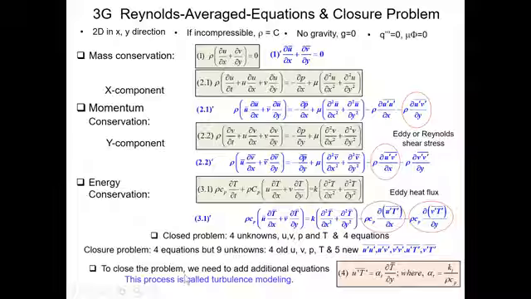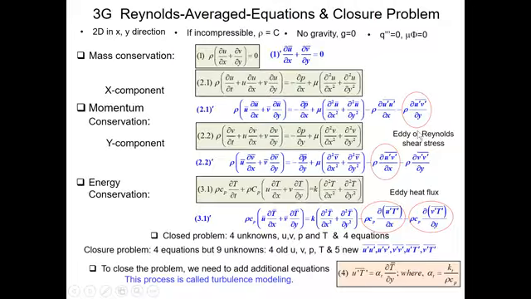Therefore, in order to close the problem, to get a solution, we need to add additional equations. How many? At least we need to add 5 additional equations. This process, we call turbulent modeling. For example, we give you an additional equation just to show you what it looks like. In this equation, this is the average temperature gradient, and this is turbulent diffusivity, and this is turbulent conductivity.